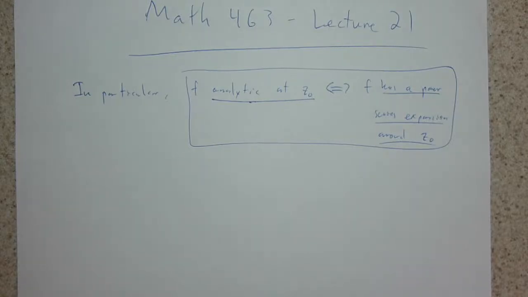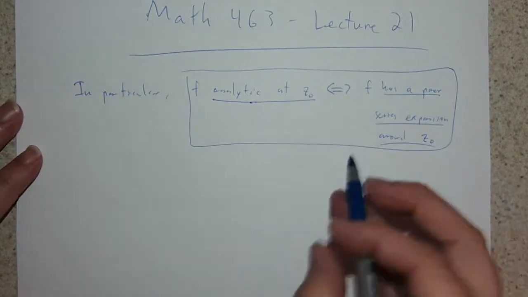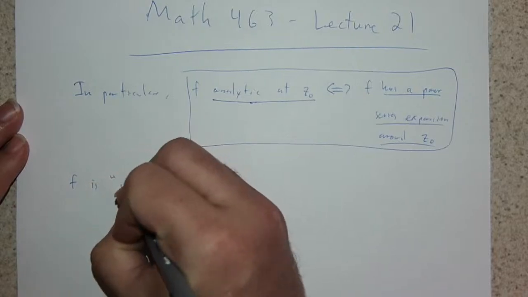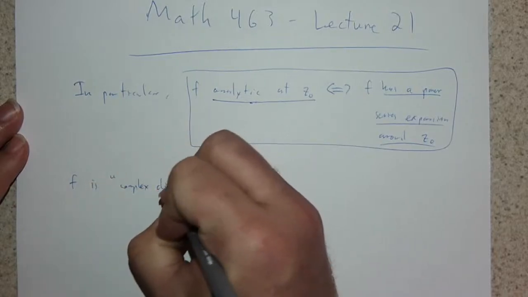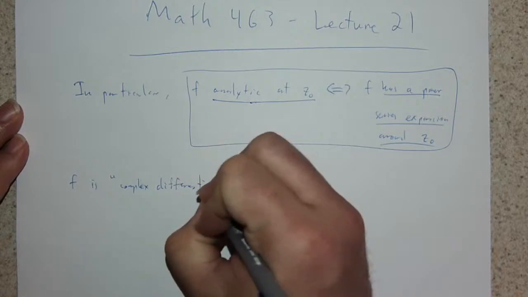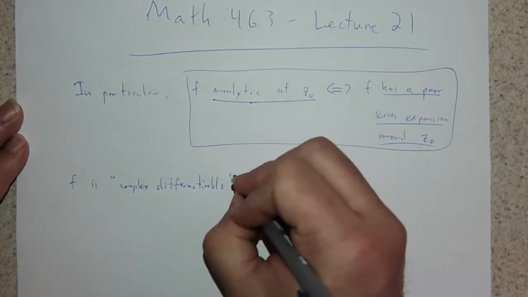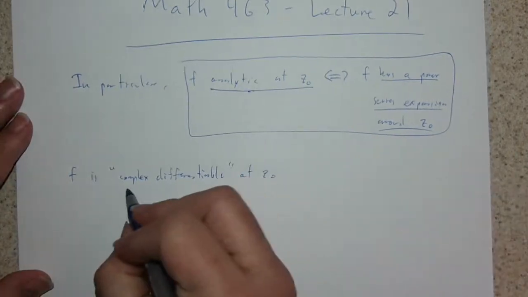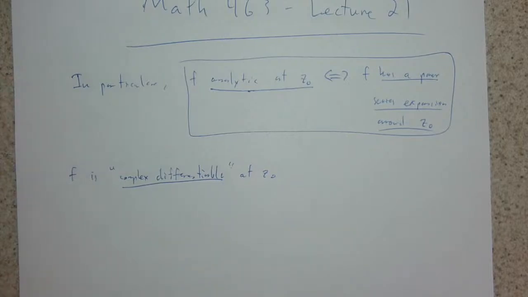So in this course, we began by using, when we said f is complex differentiable at z0, as I mentioned to you before, that it had a complex derivative at the point z0, and to make our lives easier, we'll say that what we mean by this is that it has this complex derivative not just at z0, but in some neighborhood of z0.